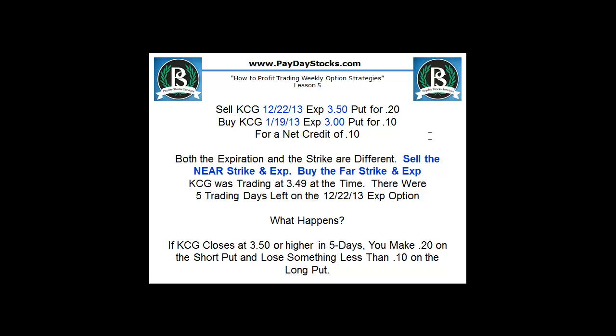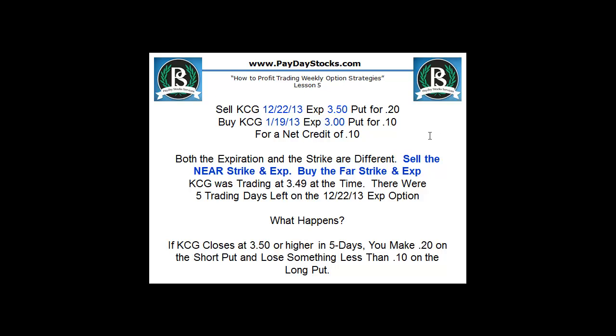example. So if KCG closes on 12/22, the expiration of the short option, if KCG closes at 350 or higher in that 5-day period, then you make 20 cents on the short put, period. You will make 20 cents on the short put if it closes at 350 or higher. If it closes at 350 or higher, on the long put you will lose something, most likely less than the 10 cents that you paid on the long put.